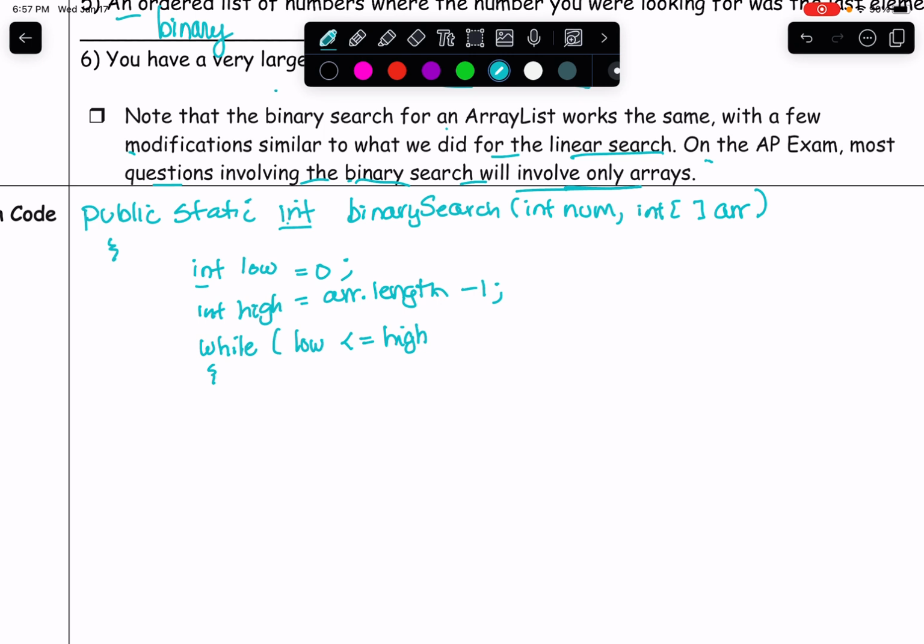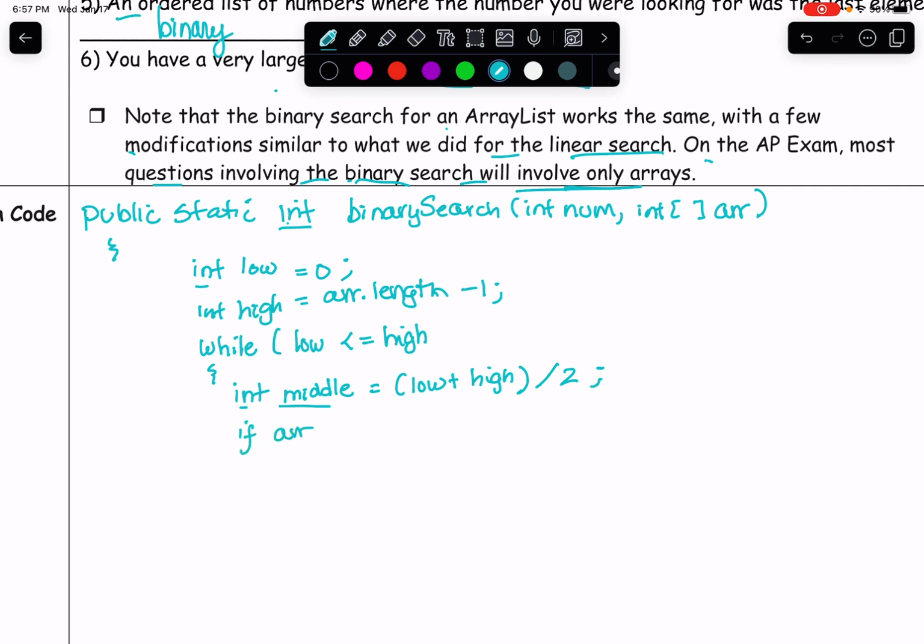So we would say that while low is less than or equal to high, we're going to find the middle. So we're going to be changing middle each time. That's why we do it inside the loop. Middle equals low plus high. We added the two together, remember, and then we divided by 2. So that's the middle guy. Then we check the middle guy.